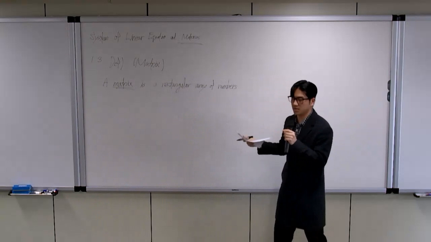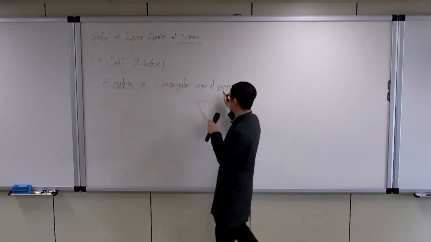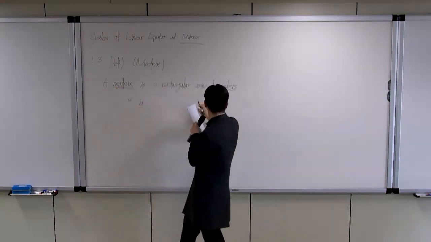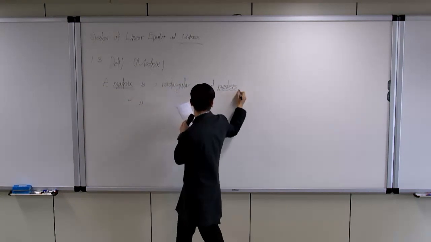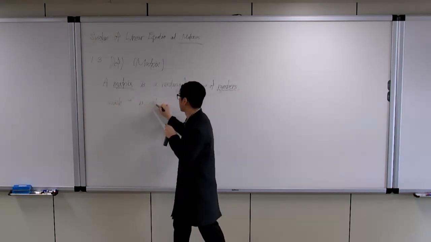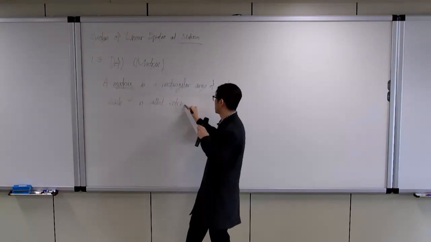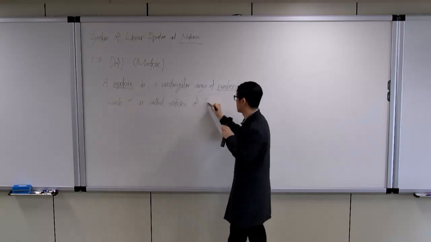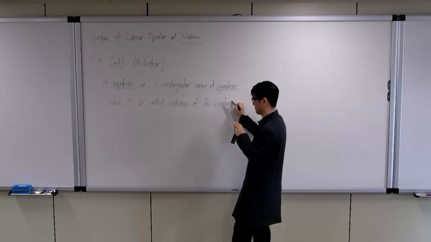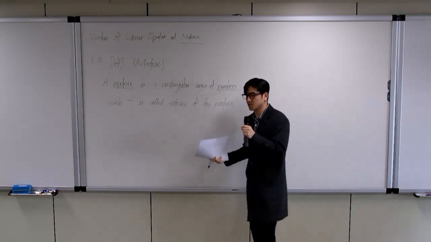In this array we have numbers, which are called the entries of the matrix.